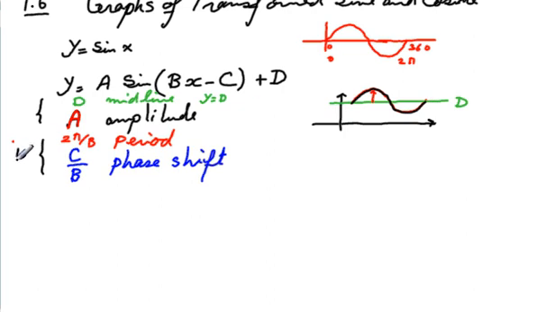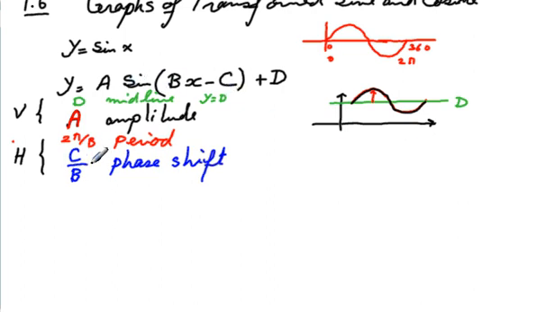So these are horizontal modifications. These are more vertical modifications. When you are touching the amplitude, you are making the picture taller or shorter. When you are modifying D, you are taking your original picture and moving it up or down by a certain amount. So 4 effects showing up in this style.